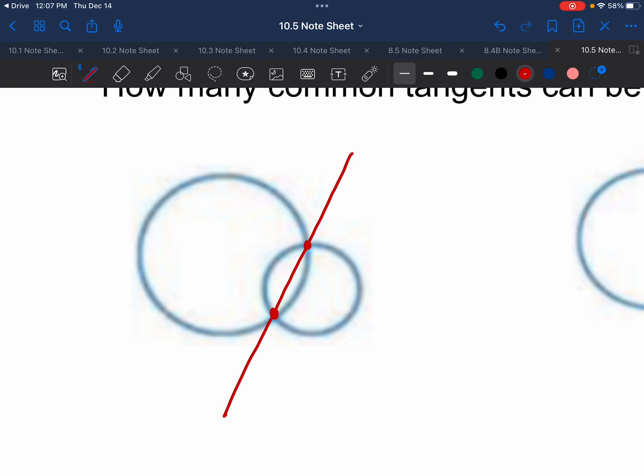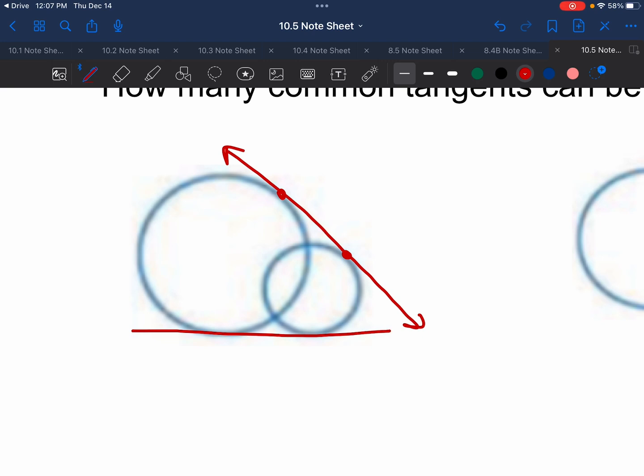It should only intersect one point on the edge of the circle. So I see a common tangent here, where it's tangent to the circle here and here. And then I see one below the circles doing the same thing, tangent, tangent. And those are the only two tangents for this one, two common tangents.